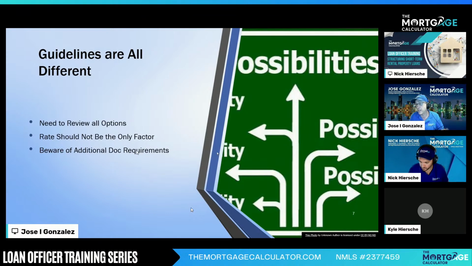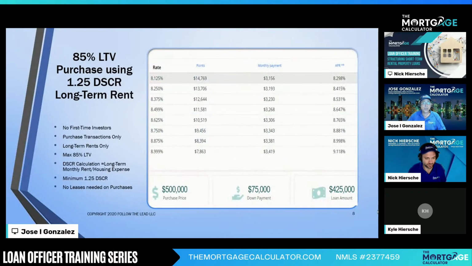Now, we have more than 10 DSCR loan options, but let's just use 10 options available, and all of those 10 options are probably going to have different twists to them that make them different. So it's really important that you understand that, because it is exactly those twists and turns in the guidelines that allow us to get creative and structure these deals to make them work.